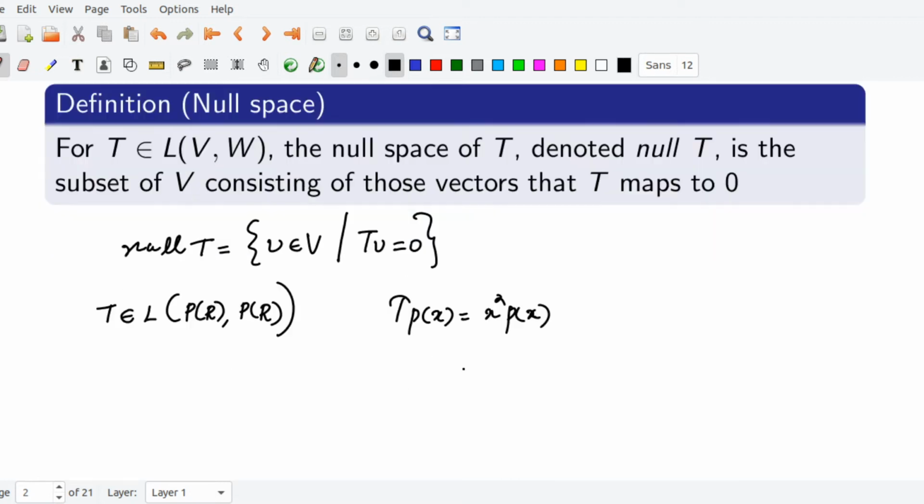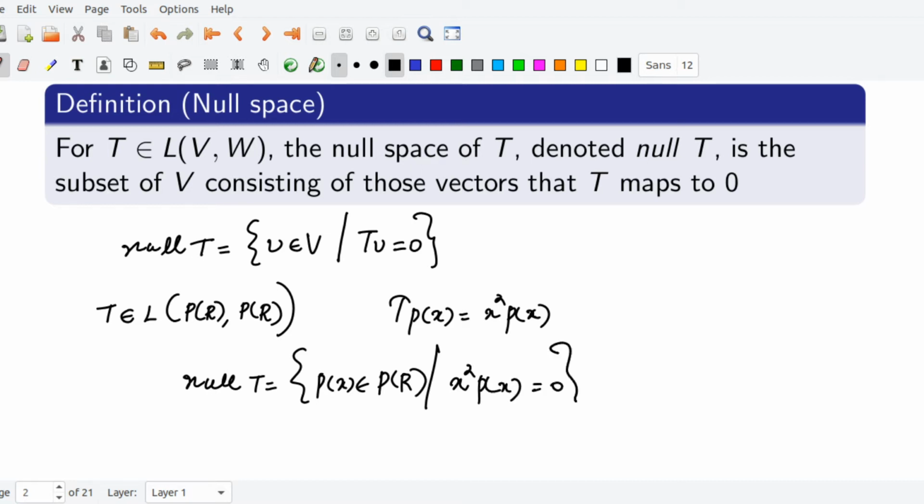We have to find the null space of this linear map. Null space of T means the set of all polynomials in P(R) such that T(p(x)) equals 0, meaning x squared times p(x) equals 0.